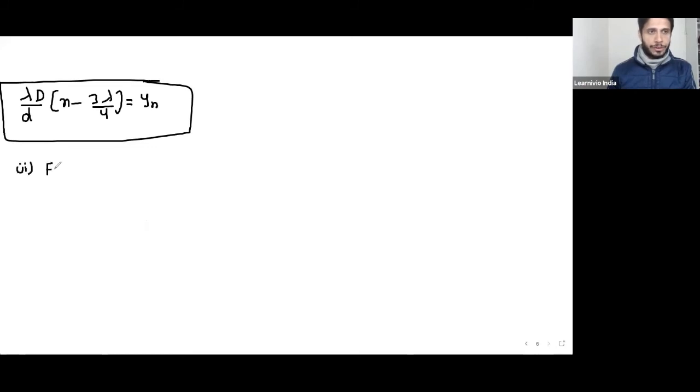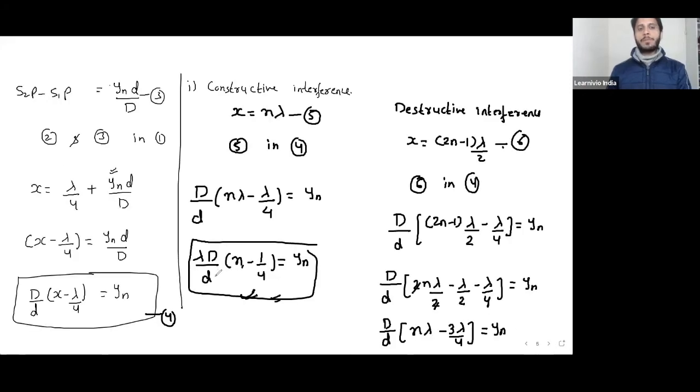For fringe width: basically, fringe width is the separation between two consecutive fringes. So I'm taking the separation between nth fringe and n minus 1th fringe. This is the nth fringe. Expression for nth fringe is this: lambda D by d, n minus 1 by 4.